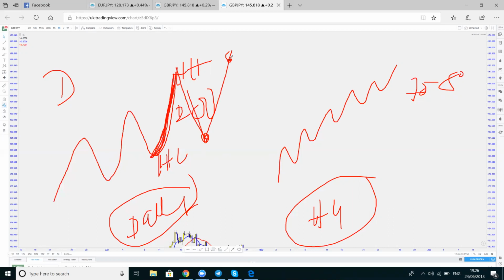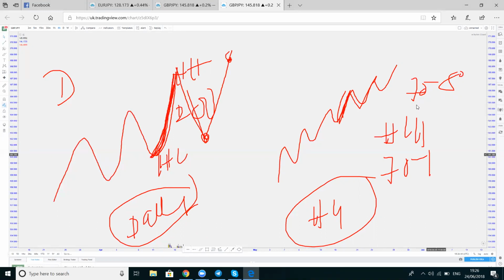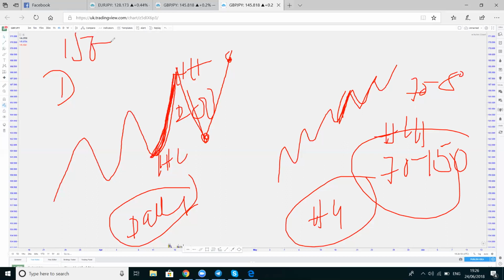Therefore, we always start from H4. Because on H4, normally you'll see the range between higher lows and higher highs be 70 to 150 pips. On average, the normal range on daily is between 150 and sometimes 300 pips.